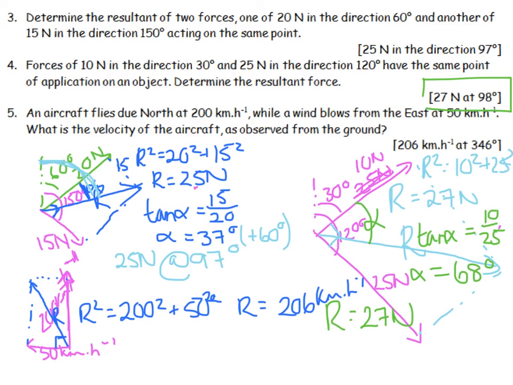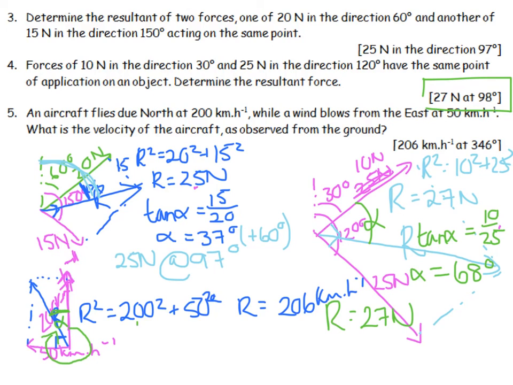I do not have to measure these lines accurately because I'm able to calculate the answers, but that doesn't mean I can sacrifice neatness. Still need to have a ruler, still need to put my arrowhead on. What is the angle that I'm interested in? I'm interested in the angle on a bearing, so it is all the way around until there. So I'm going to calculate just this little angle here, and then I'm going to subtract it from 360 degrees.